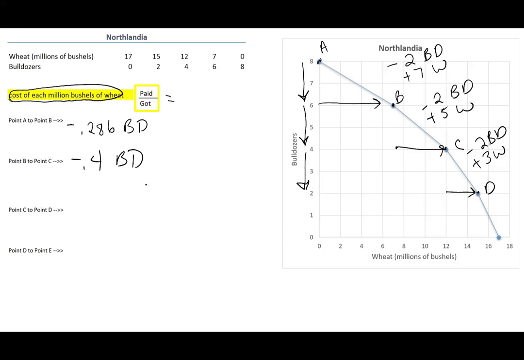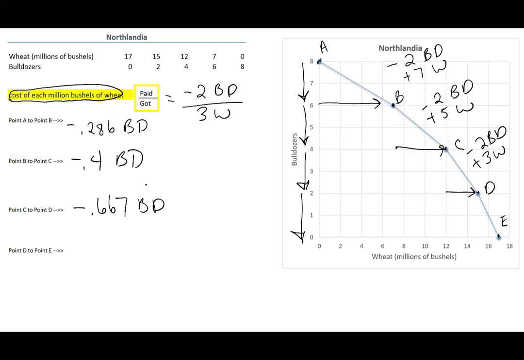Between C and D, the economy had to give up another 2 bulldozers, but this time only gained 3 million bushels of wheat. This gives us an opportunity cost of 0.667 bulldozers.